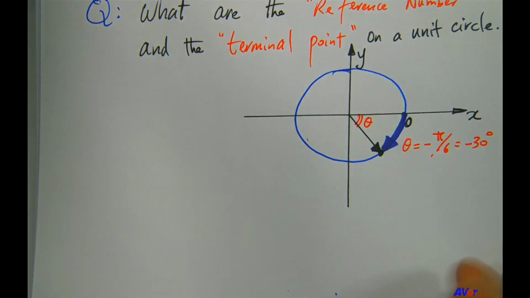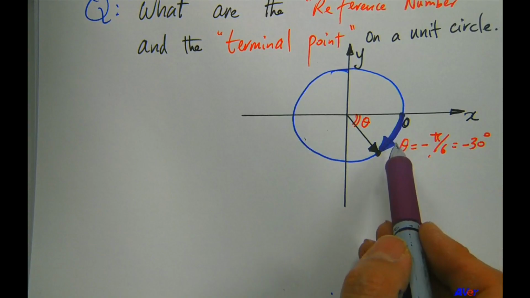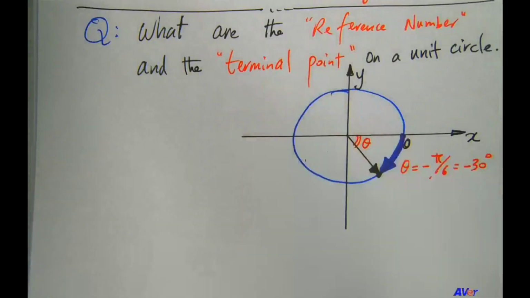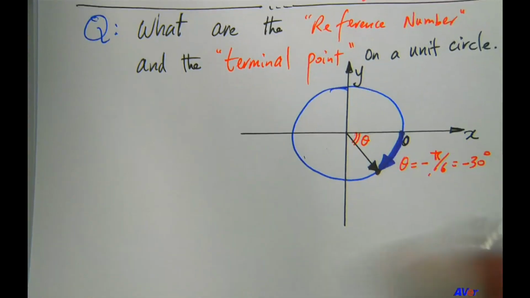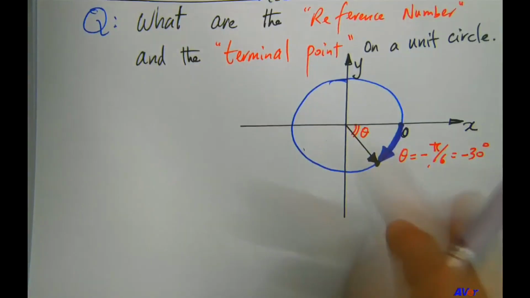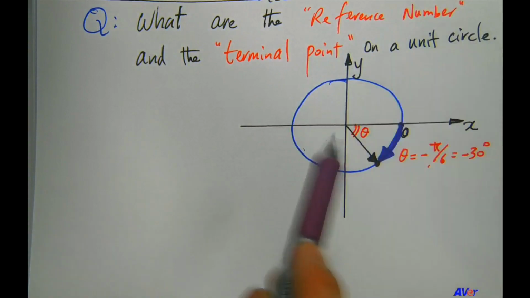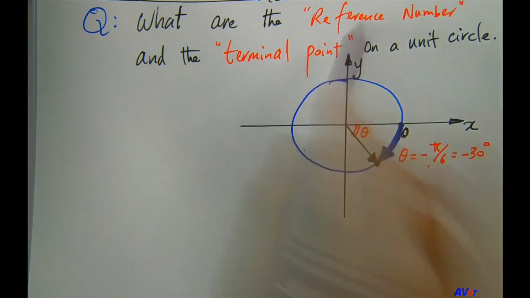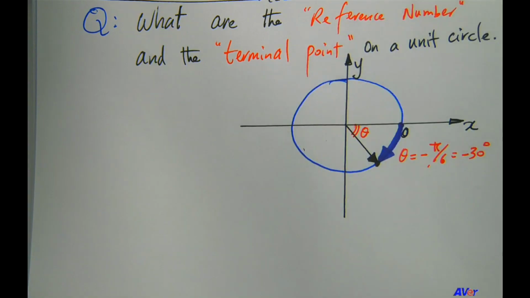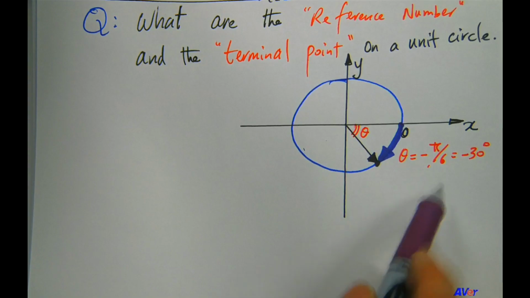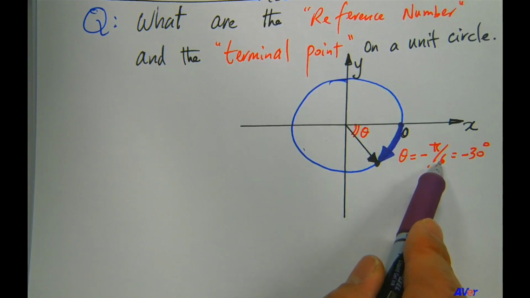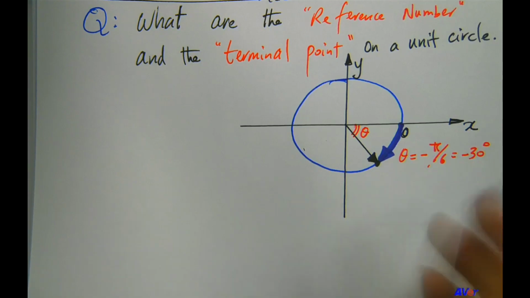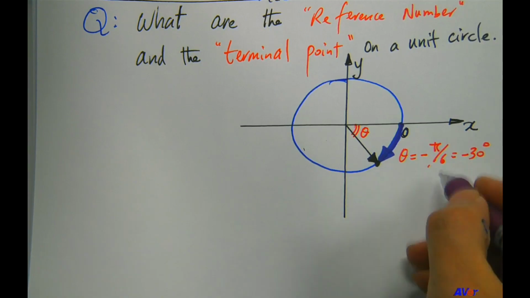Before we describe each of these, the reference number and terminal point, I want to make sure that graphically you understand what all this means. So the reference number here, let's call it like the book calls it, is the pi over 6. So not the negative, but the pi over 6, the pure angle itself. So let me write that down.